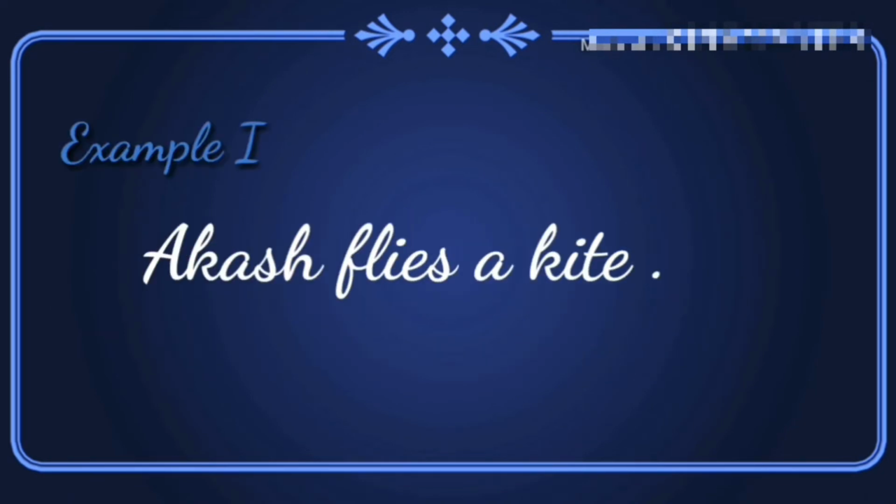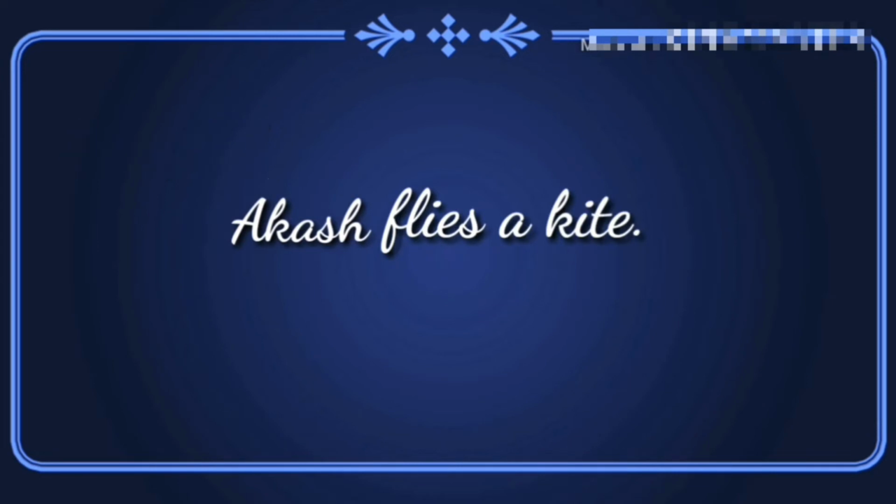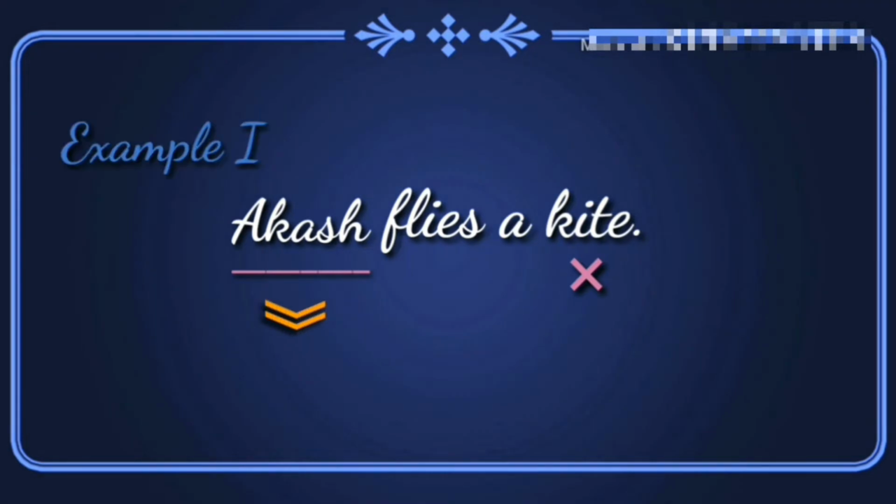Let us understand it with an example. Akash flies a kite. तो इस सेंटेंस में हम एग्जैक्टली किसके बारे में बात कर रहे हैं? इस सेंटेंस में हम बात कर रहे हैं एग्जैक्टली आकाश के बारे में, ना कि काइट के बारे में. ओके, सो हियर आकाश इज अवर सब्जेक्ट.